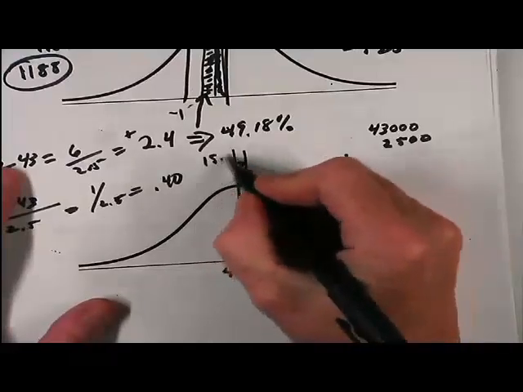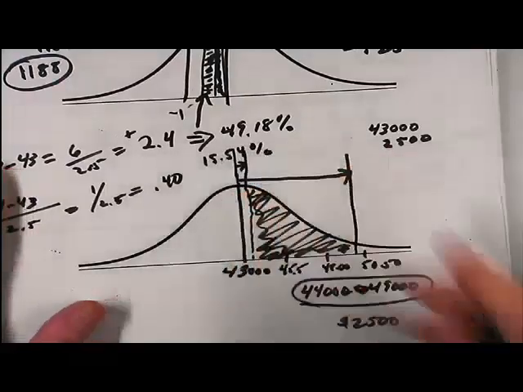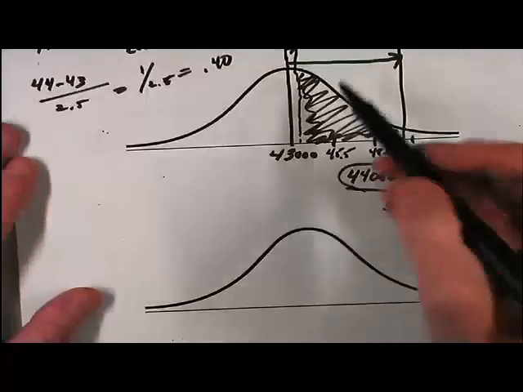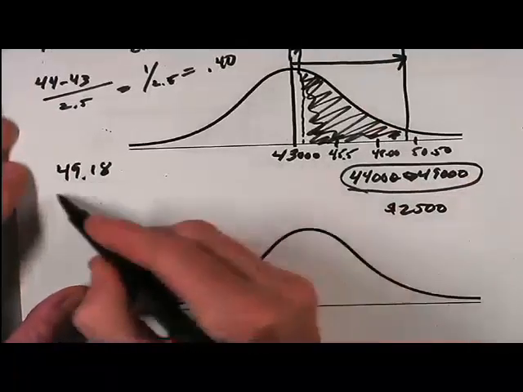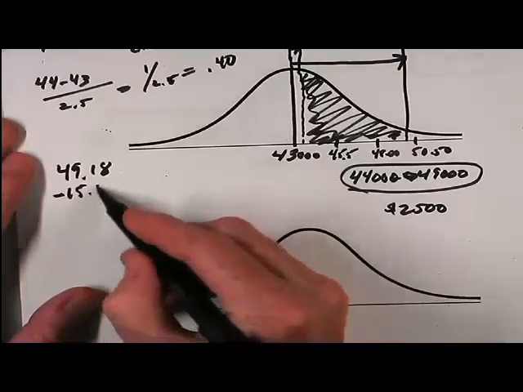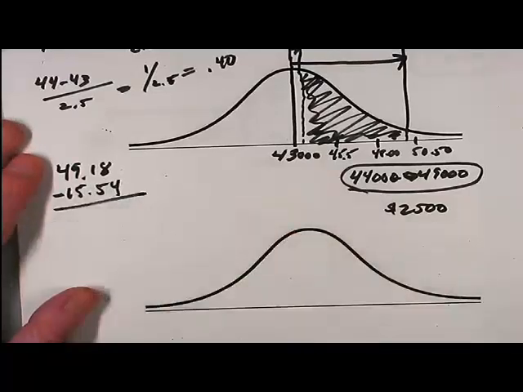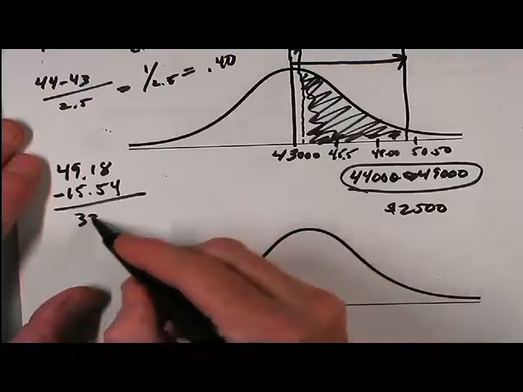So 15.54%. So then I only want this area, so 49.18 minus 15.54 is 33.64.